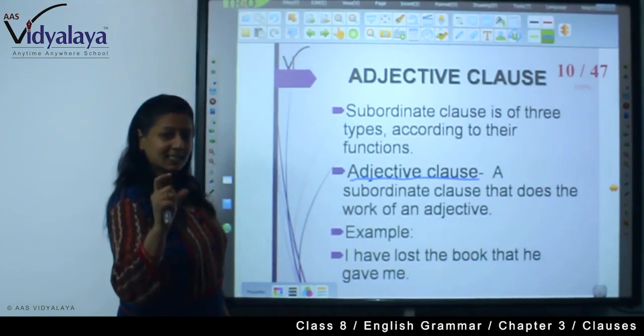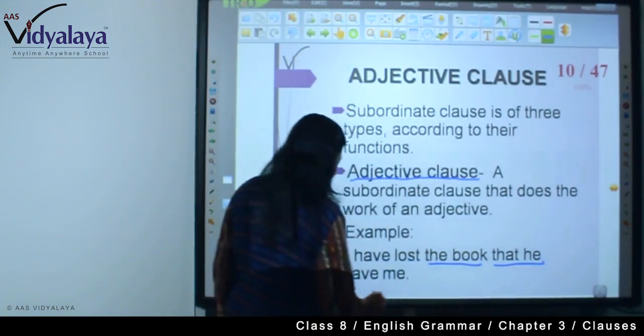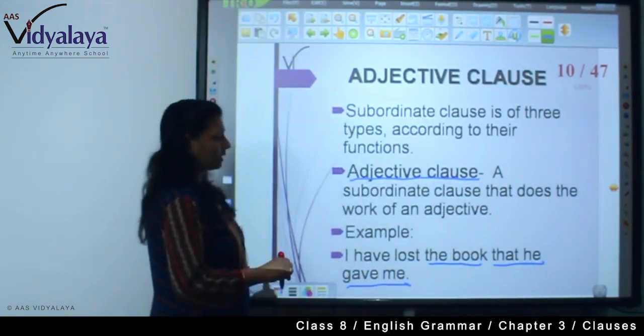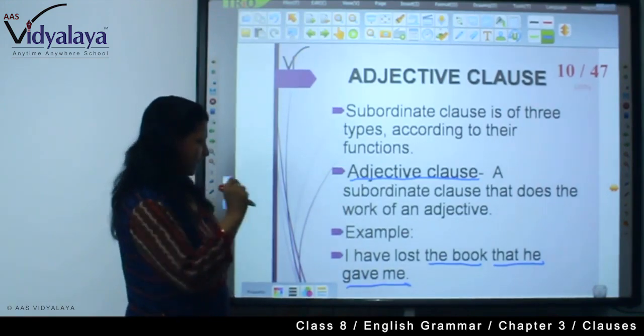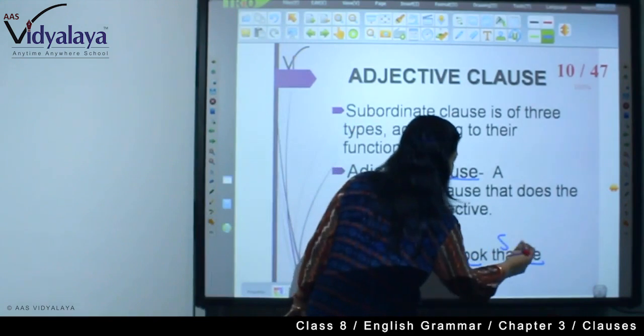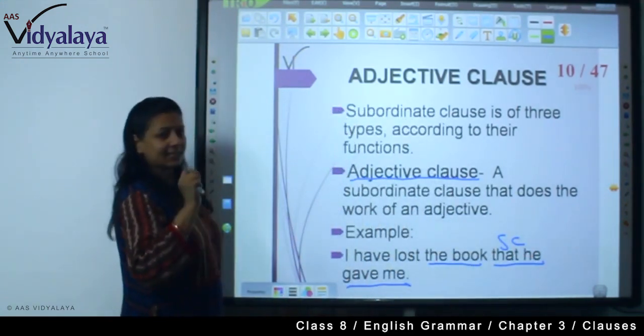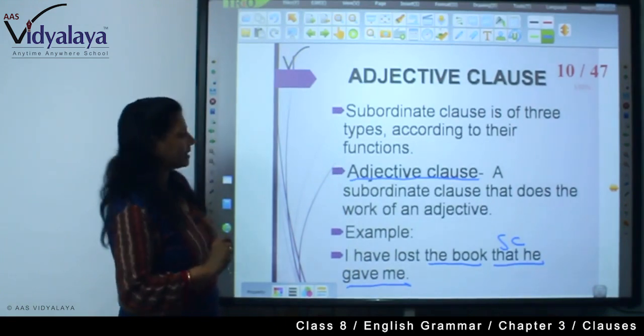So this is the adjective clause. Here we are seeing the book is described like this, that he gave me. Here the subordinate clause that he gave me, as you know, is working like an adjective.